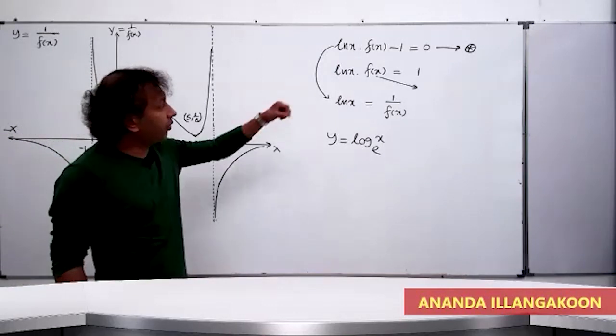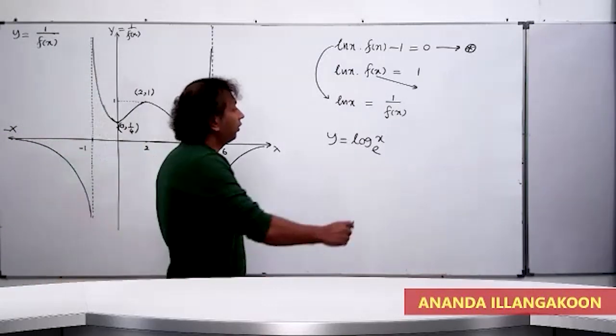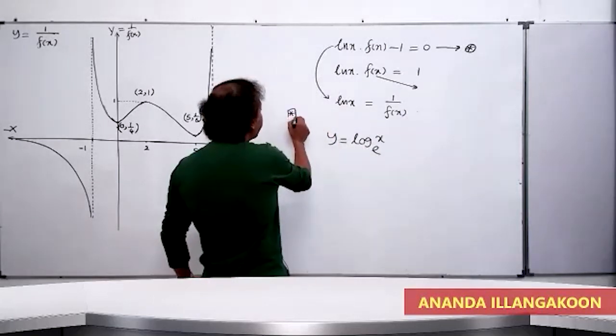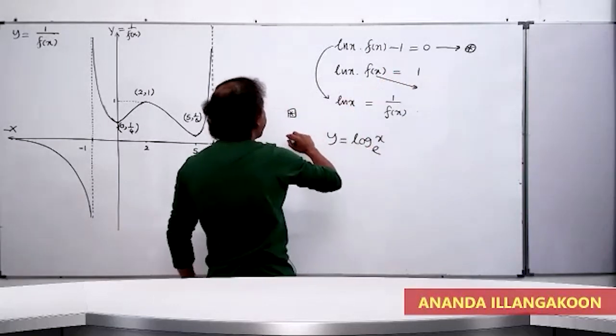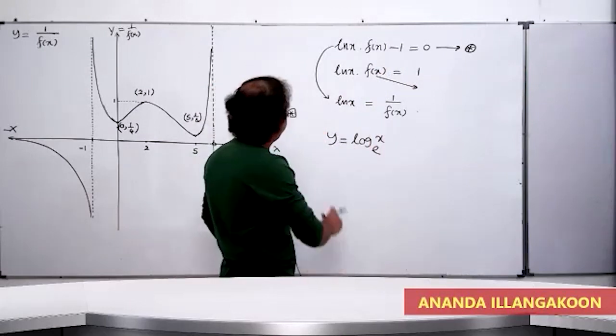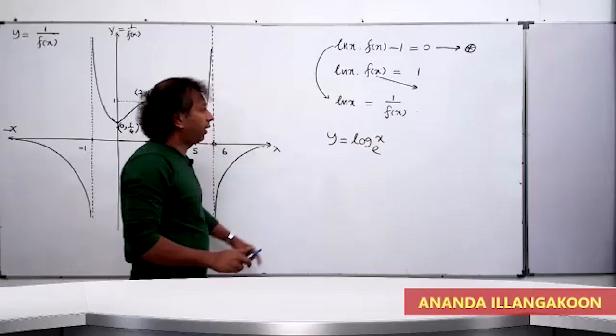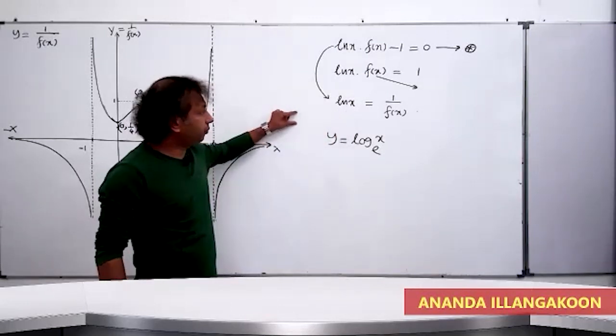Okay, then we'll start from here. Reaching here, we'll write one sentence like this. Put this as star. After reaching here, write down one sentence like this.